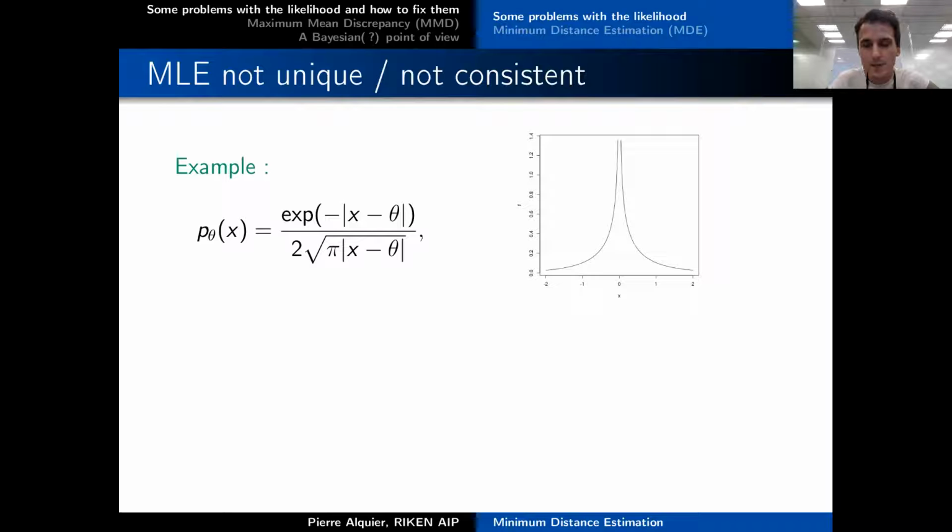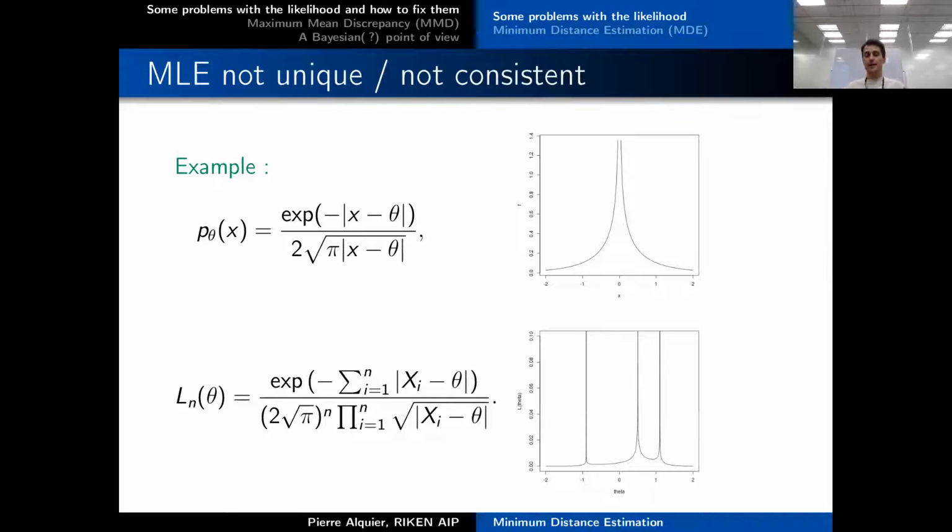Just a simple remark: if you use a translation model with a density that is infinite at 0, then the likelihood will be infinite at each point of your data set, so its maximization will not define an estimator, and it does not seem to lead to anything about possible estimation of theta. While actually it's very simple to do estimation in this model. It's not heavy-tailed at all, and you can just use a simple empirical mean. But MLE in this case doesn't work.